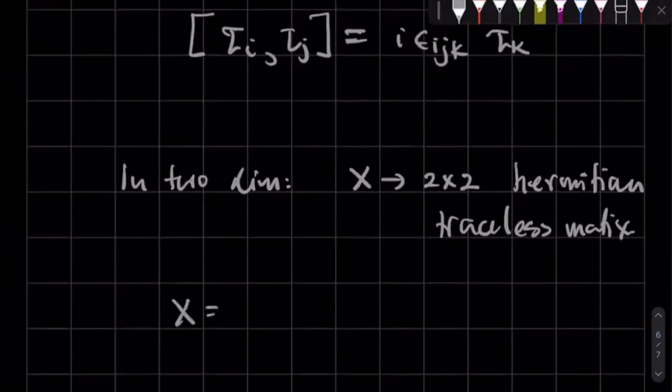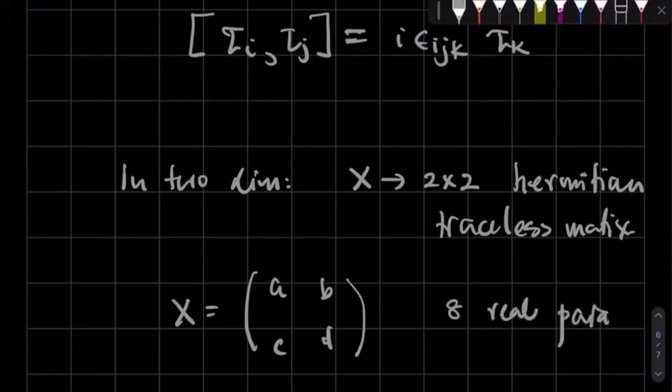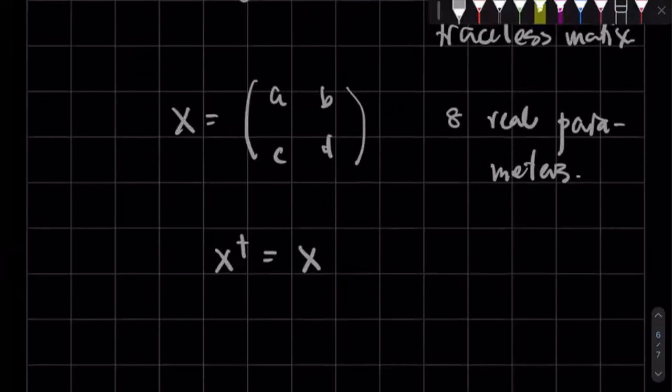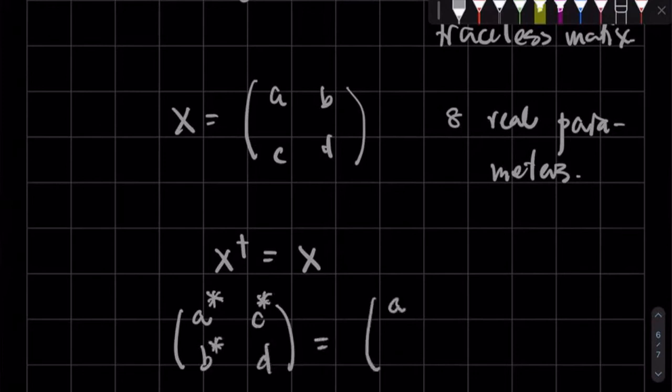So if X is 2 by 2, I can write X as A, B, C, D. That means there are 1, 2, 3, 4 complex, so 8 real parameters, right? But we say that it's Hermitian, so X dagger has to be equal to X. Right, so that means that we have A star, C star, B star, D star equal to A, B, C, D, right?